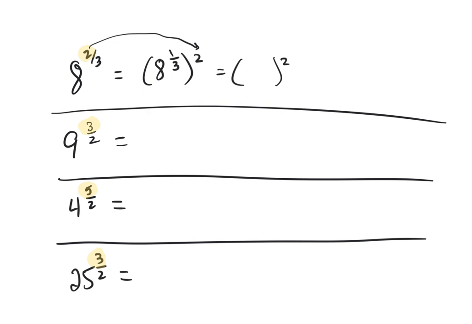We do that so that inside, now, let me choose a different highlighter color. Now, the numerator in the power is a 1, and therefore when it's a 1, this just becomes, hey, what's the cube root of 8? And the cube root of 8 is 2. And then now using the power of 2, 2 squared is 4. So 8 to the 2/3 power is 4.